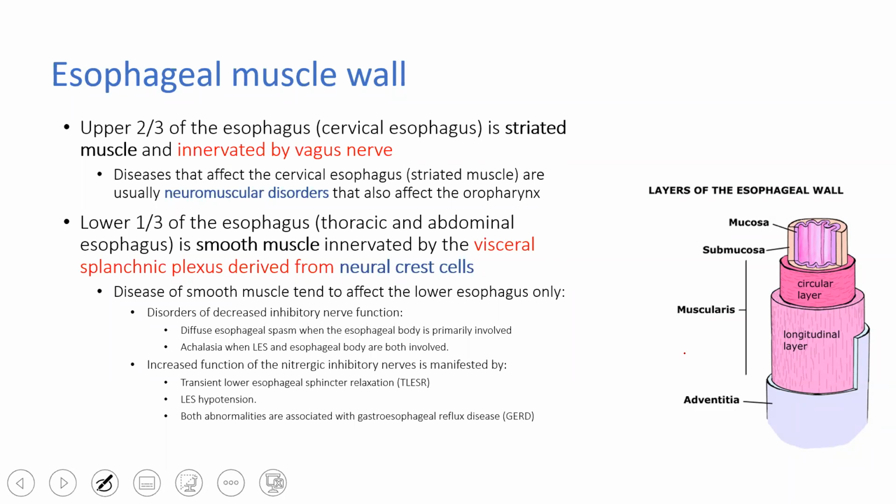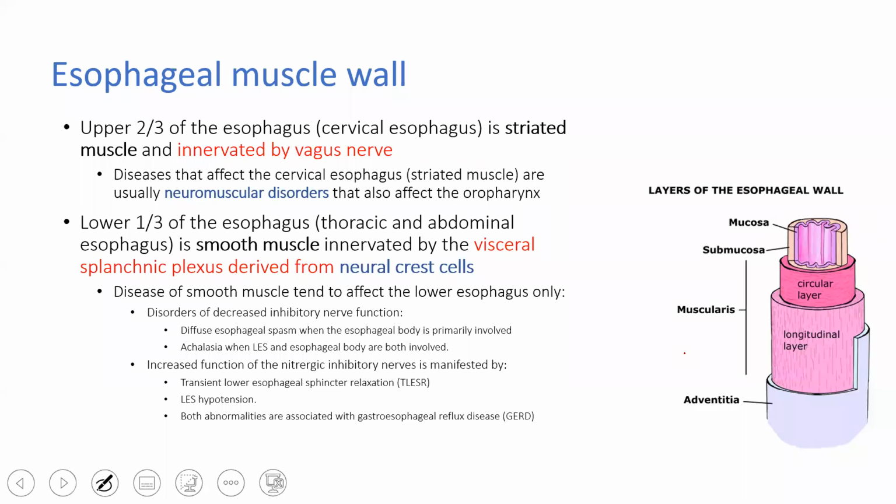If you have an increase in the inhibitory nerve supply, so more inhibition, then you might have transient lower esophageal sphincter relaxation or lower esophageal sphincter hypotension, or a combination. And when you have relaxation of the lower esophageal sphincter, those conditions are usually associated with gastroesophageal reflux disease. So you have two different pathologies affecting the muscle of the esophagus: either the upper 2/3, which is striated muscle, or the lower third, which is smooth muscle.